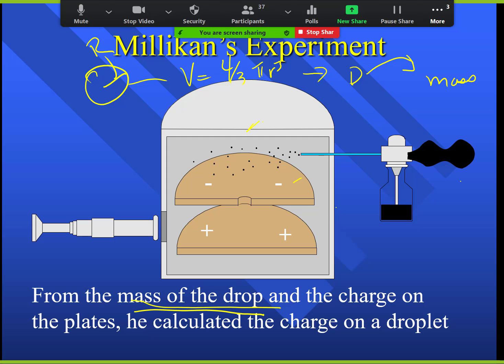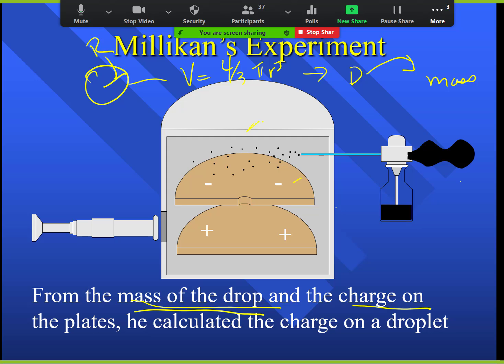And he could dial the charge on the plates and measure that. And he calculated the charge on a droplet. Okay.